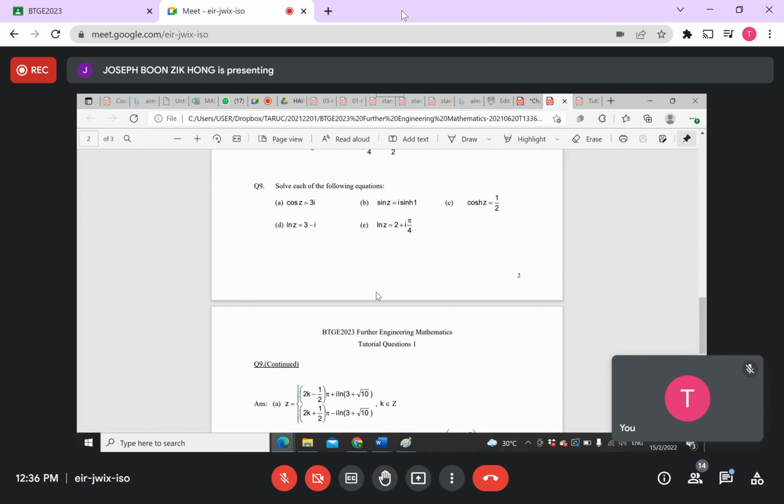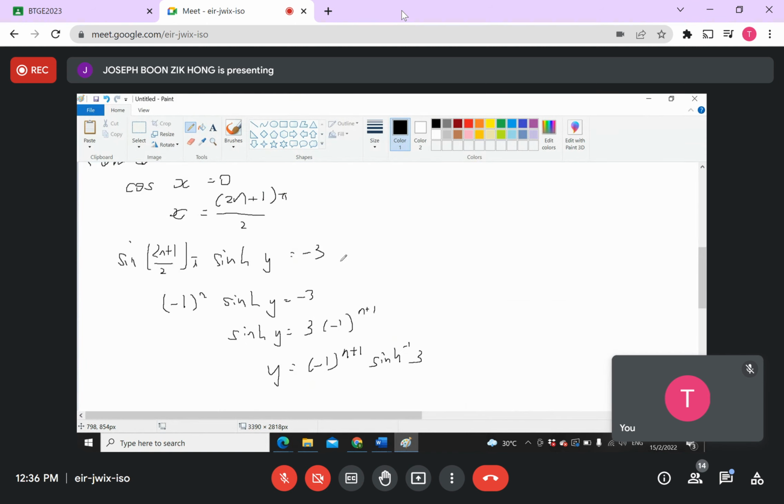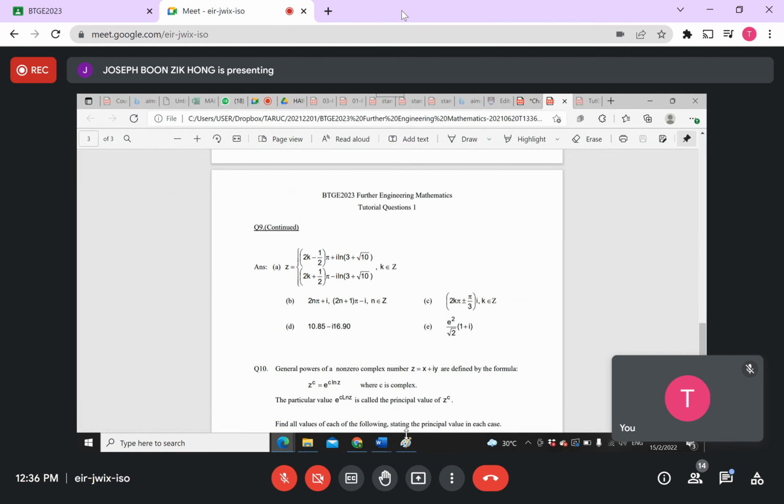What is this? Okay, this side correct. This side, how come different? Let me try shift.